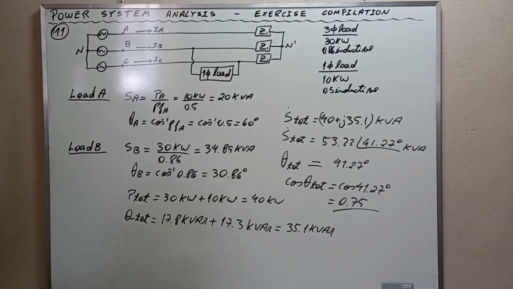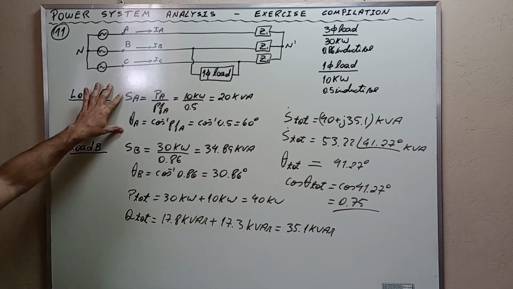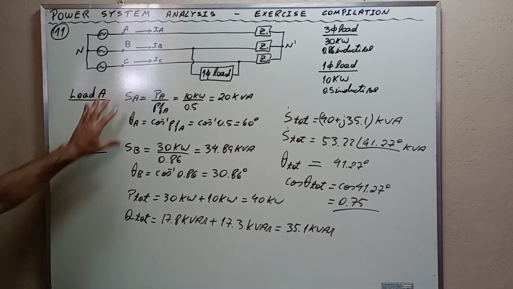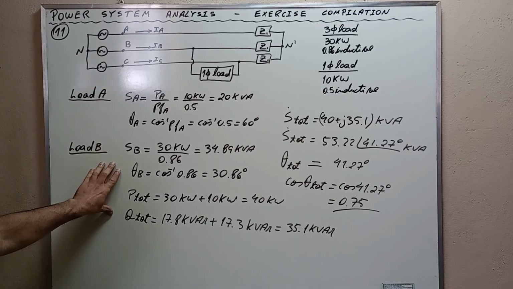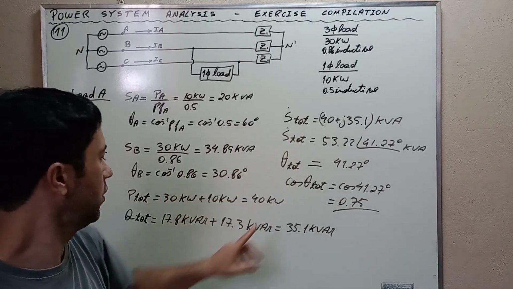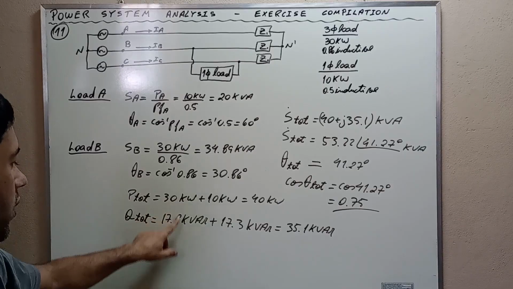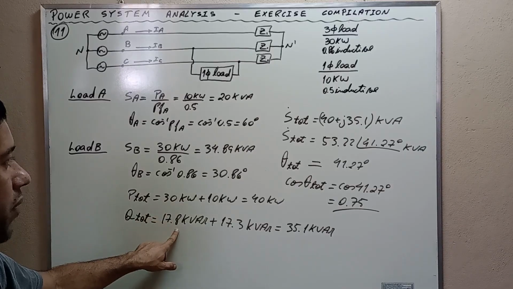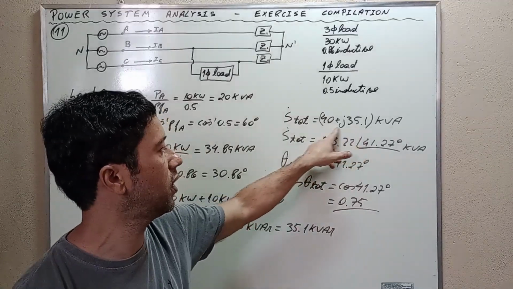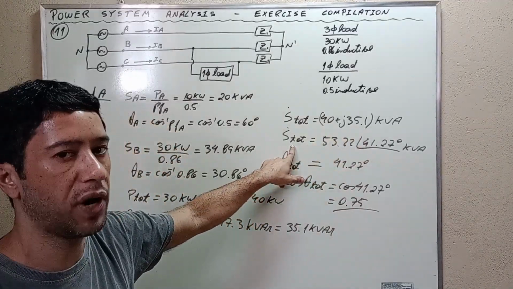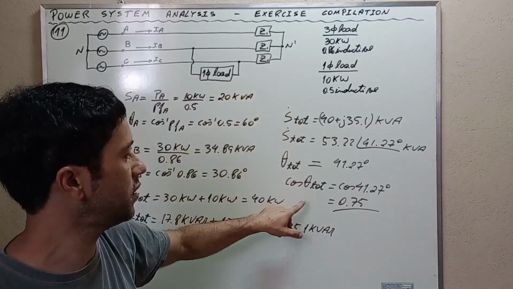The exercise wanted us to calculate the total power factor of the loads. We began by expressing load 1 in its complex form, the complex power of load 1, and we did the same for load B. We summed the real power and we summed the reactive power, and we got the complex number here, the total complex power drawn from both loads at the same time.